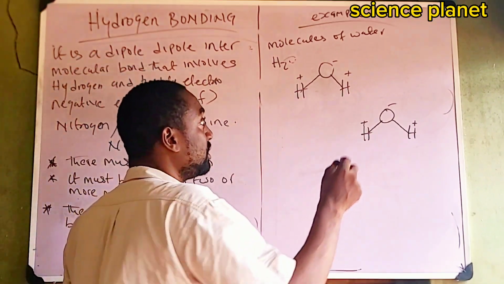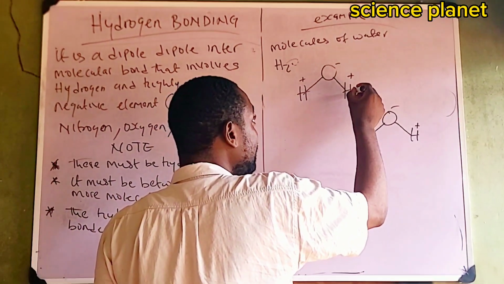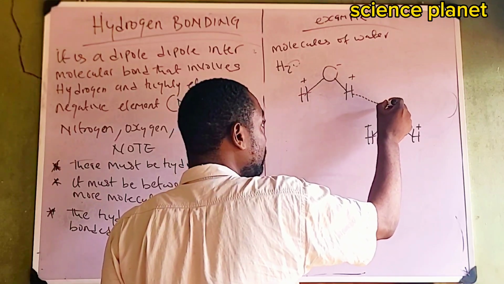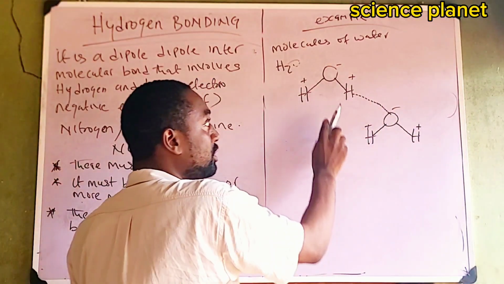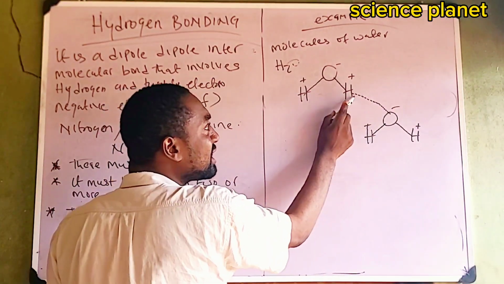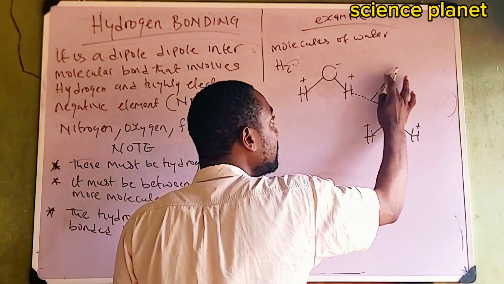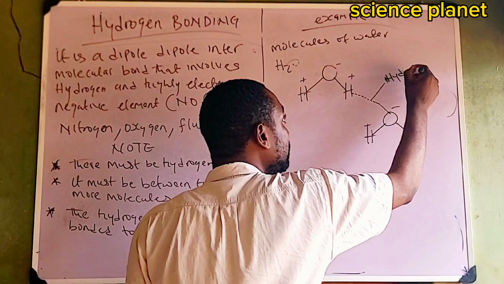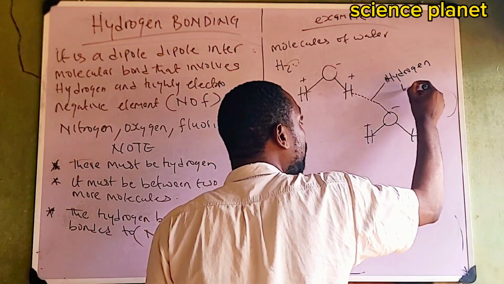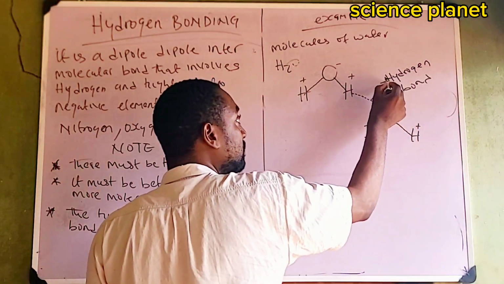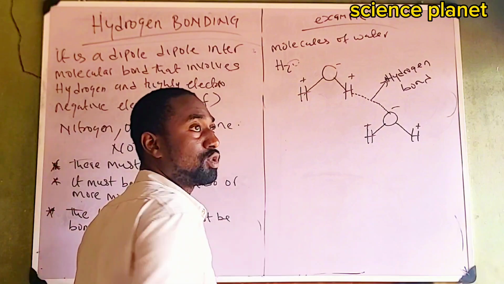So positive attracts to negative. So in that case, this positive will get attracted to this oxygen. You see, one molecule and another molecule. Then this bond that's attracting these two molecules, this bond is what we call hydrogen bond.